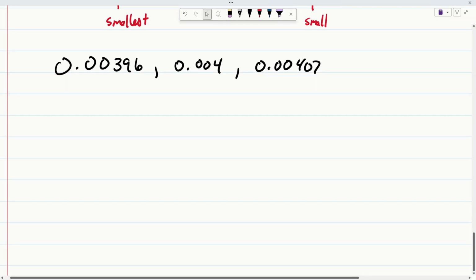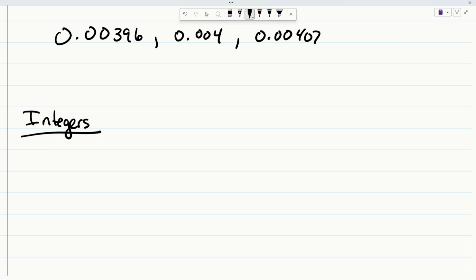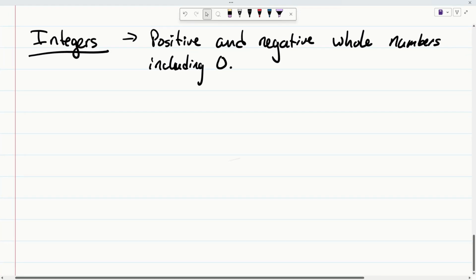Now the next topic we're going to go over are integers. Now integers are positive and negative whole numbers including 0.